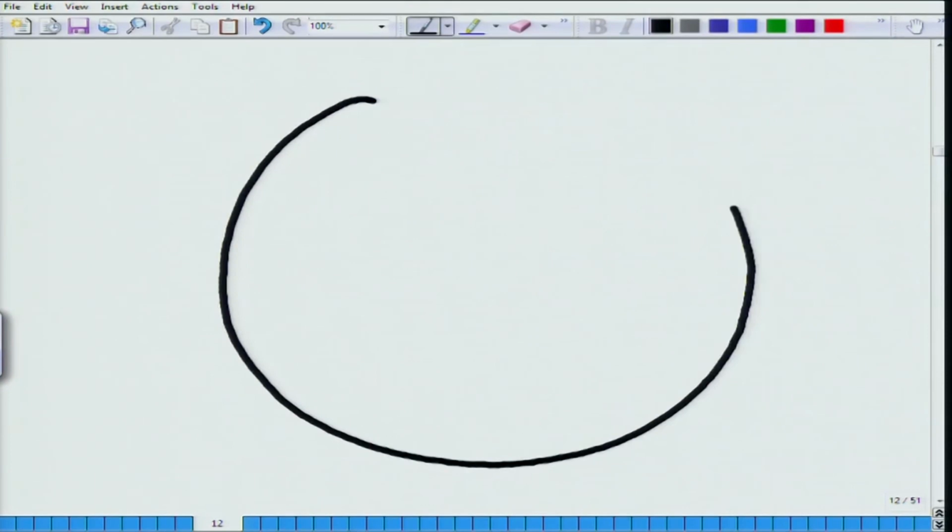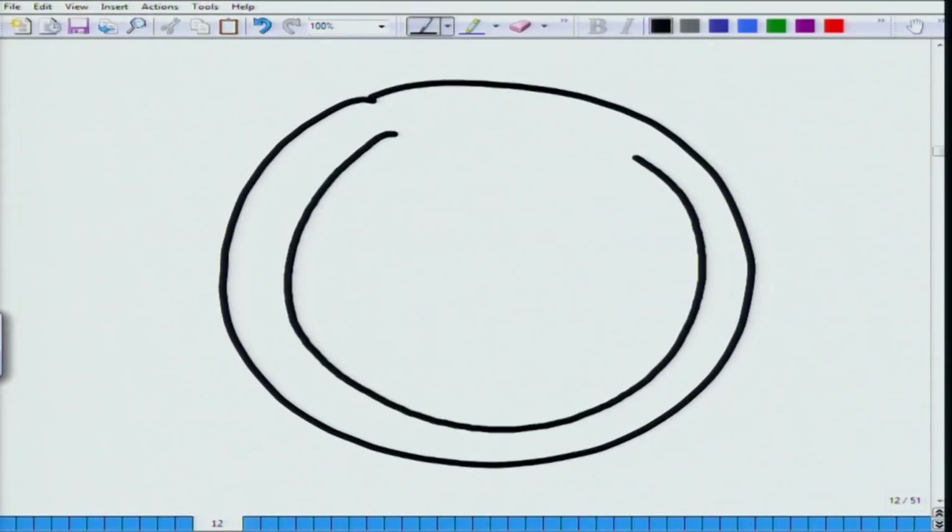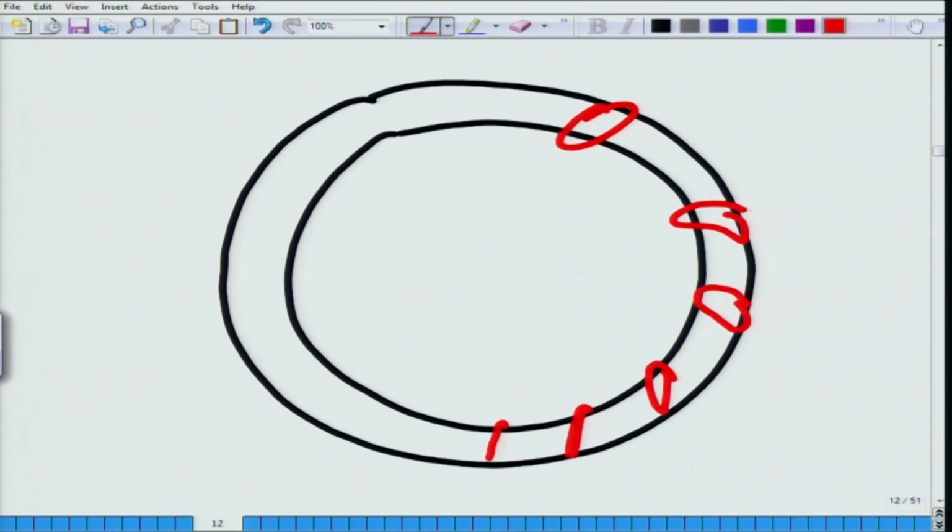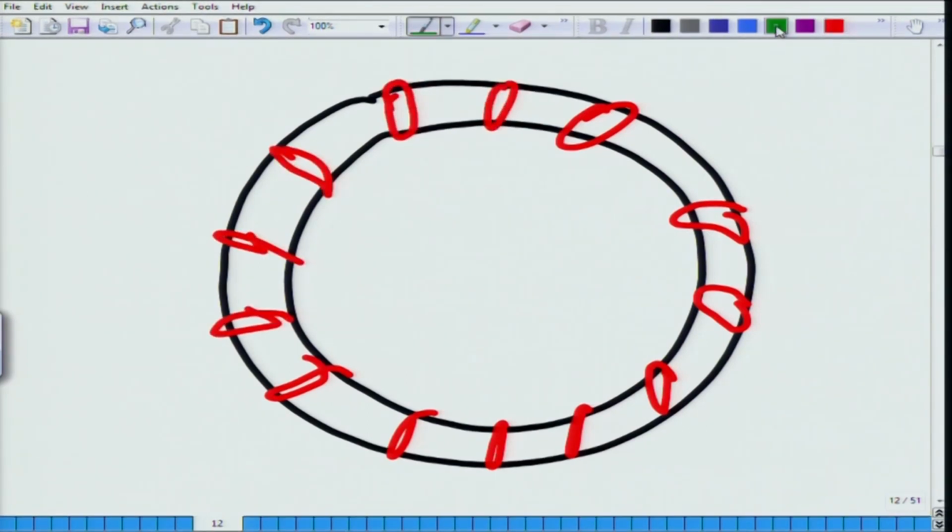Now, talking about the membrane structure, I told you that there are specific proteins all over the place. They are embedded like this, and the rest is all lipids. These red ones are the proteins which are embedded there, and the green shading I am doing now are the lipids, and we will come to the orientation of the lipids.